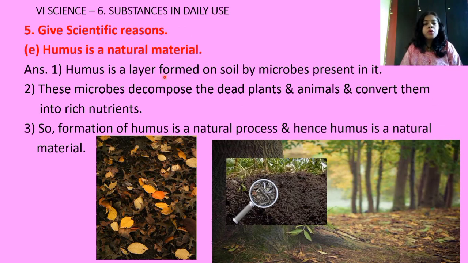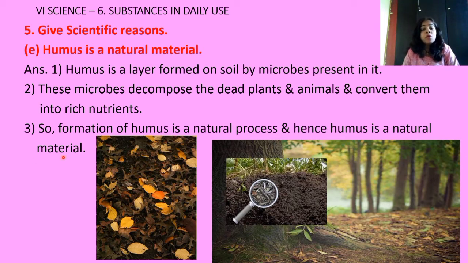Next one, humus is a natural material. Humus is a layer formed on soil by microbes present in it. These microbes decompose the dead plants and animals and convert them into rich nutrients. So, formation of humus is a natural process and hence humus is a natural material.